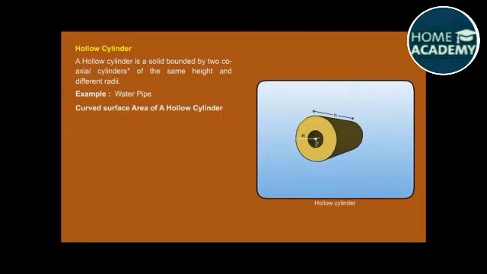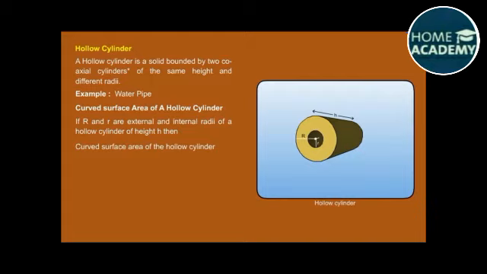Curved surface area of a hollow cylinder. If capital R and small r are the external and internal radii of a hollow cylinder of height h, then the curved surface area of the hollow cylinder equals external curved surface area plus internal curved surface area, equals 2 pi capital R h plus 2 pi small r h, equals 2 pi h into capital R plus small r.